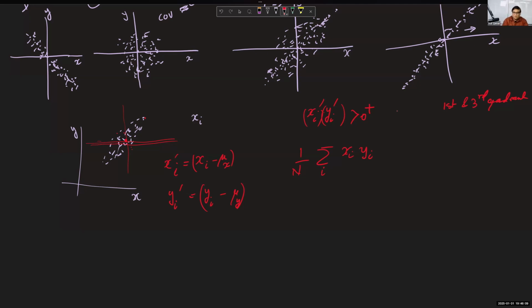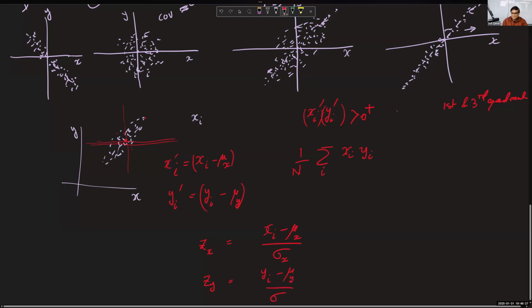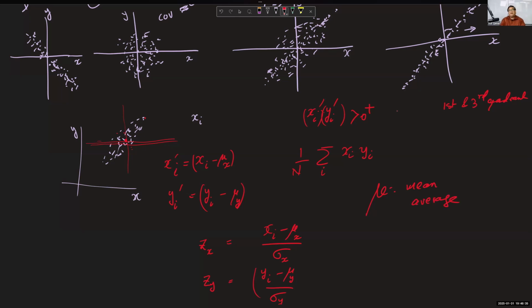So if you were to do what is called z-scoring of x, which is one step further, zx is xi minus mu of x over standard deviation of x, and zy is yi minus mu of y over standard deviation of y. But by the way, did I explain what mu is? Mu is the symbol for mean, average of x, average of y, right? That's it.